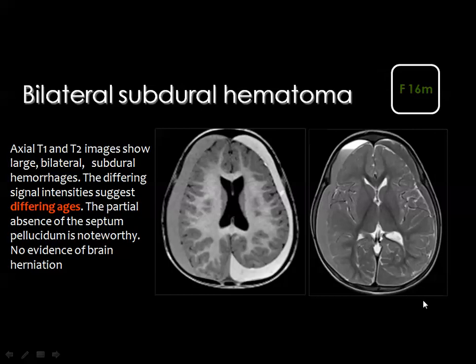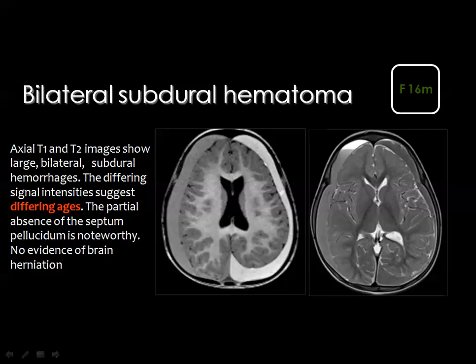Then by MRI, this is T1 and T2. You know that the subacute blood will appear bright in the T1 and in the T2 weighted image. But according to the stage or the age of the blood, then you can see this hematoma is bright in the T1 and less bright in the T2, and this is what we call early subacute subdural hematoma or intracellular methemoglobin.